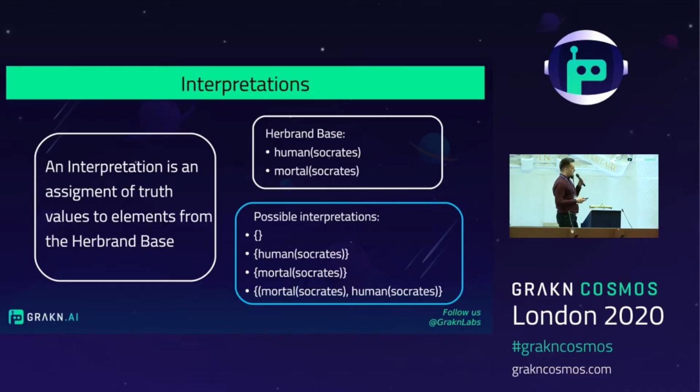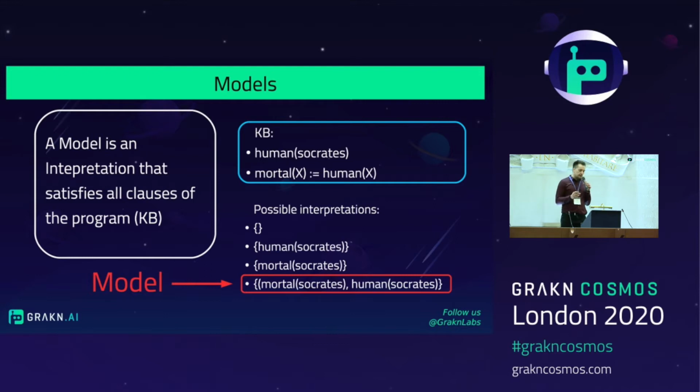Either all our facts are true, all our facts are false, or one of the facts is true. Now that we know what an interpretation is, we can move a step further and define the notion of a model. A model is an interpretation that satisfies the clauses in our knowledge base. As simple as that. What it means is that if we take the facts from our interpretation and substitute them into our clauses, we will find that the clause is satisfied.